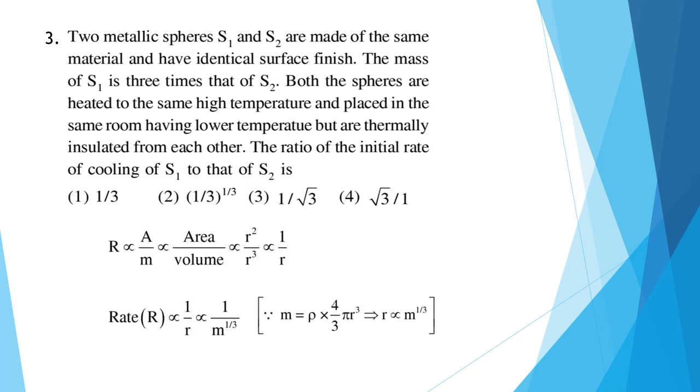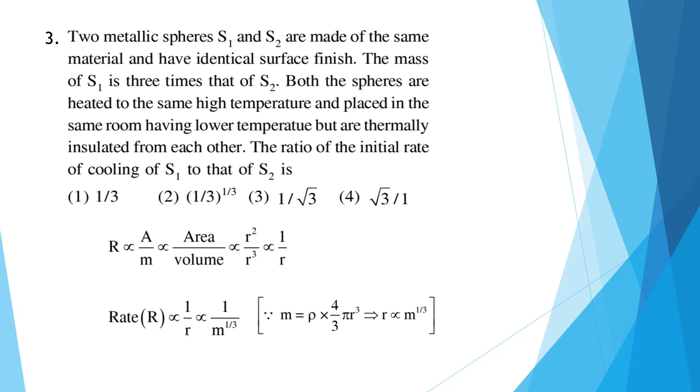Now we know that the rate of cooling is directly proportional to A by M. That means it is also directly proportional to area by volume. So in terms of R, it becomes rate of cooling is inversely proportional to R. Now if we write R in terms of M, we get that R is directly proportional to M to the power 1 by 3.